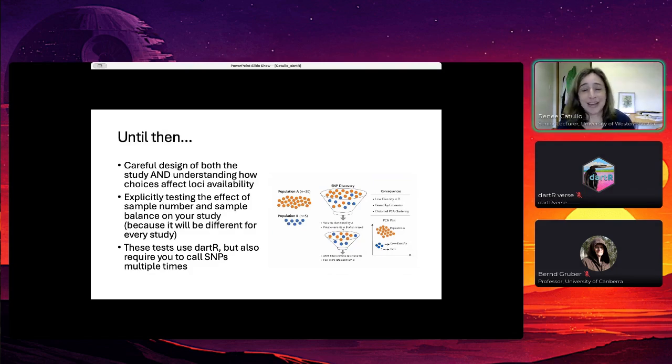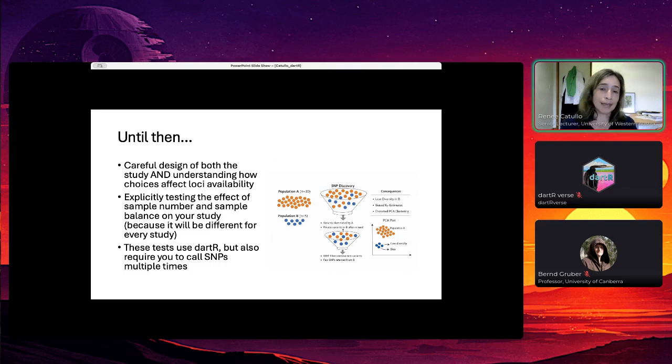Until then, this is not a, here's your pipeline, run it, and you'll get an answer. You need to carefully think about how you design your study and understand how those choices affect your loci availability. If you create a catalog of loci, make sure you're not biasing it towards particular populations, and understand how that can affect your downstream results.